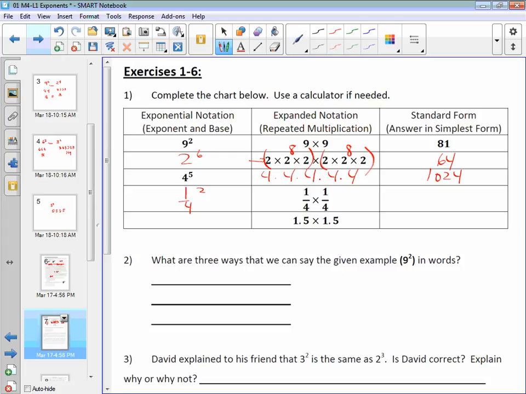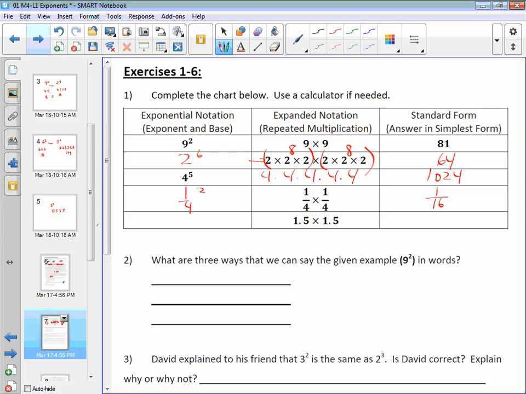If I just threw you a curveball, just do it now. What's top times top, bottom times bottom? 1 times 1 is 1. 4 times 4 is 16. 1/16. Start throwing those back into review sheets again, because that's got to come second nature to you.